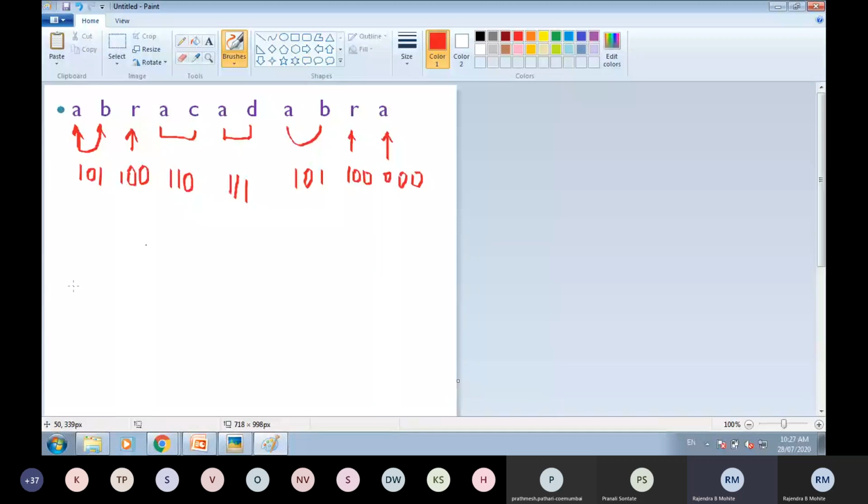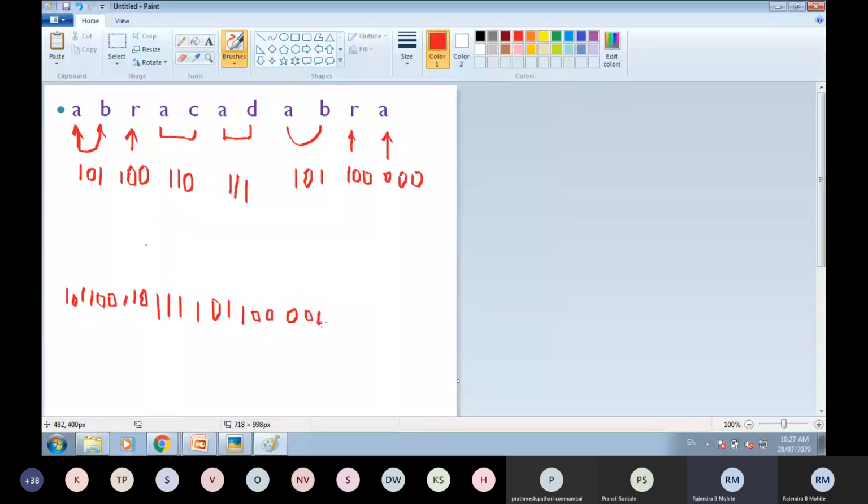When I combine this sequence together, I am writing it like this. This is our encoded sequence: 101, then 100, then 110, then 111, then 101, then 100, and then 000.